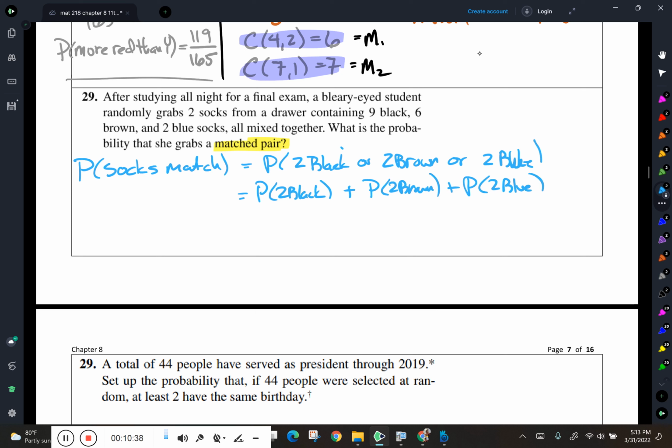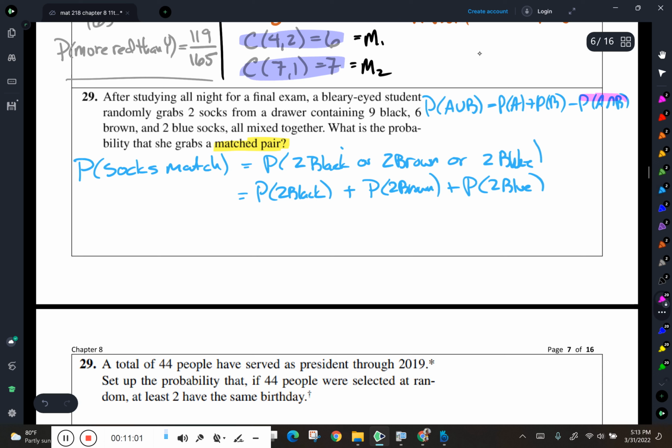Now you might be wondering, why can we just add like this? You did this before, but why? Well, remember the union rule? The union rule said the probability of A union B was equal to the probability of A plus the probability of B minus the probability of A intersection B. We're making use of that.